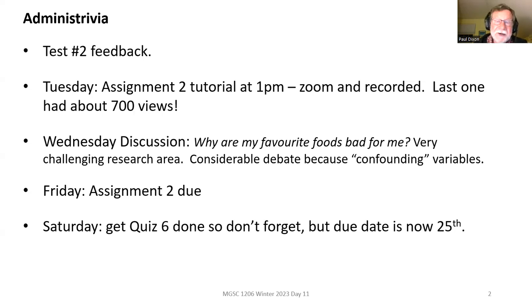That's the case of a confounding variable, some hidden variable or one that we're not focusing on. So if you see when A happens, B happens, is it A causes B to happen? No, it could be some confounding variable C that causes both A and B to occur. So it's more complicated than that. And dietary research is probably one of the hardest areas to do very good quality research in.